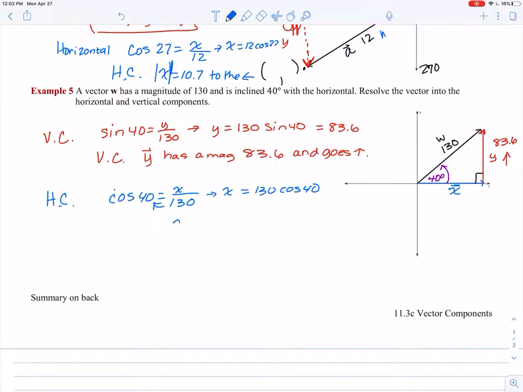So x equals 99.6. So we could say that the horizontal component, or vector x, has a magnitude of 99.6 and goes to the right.